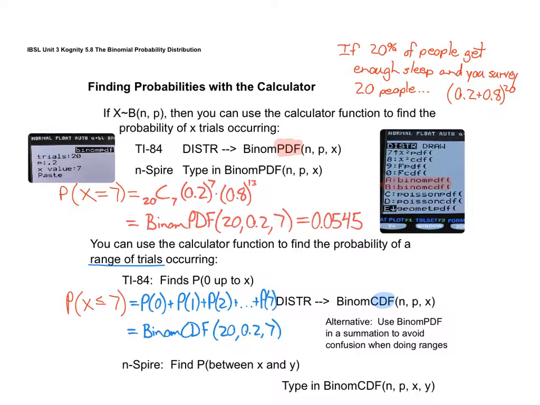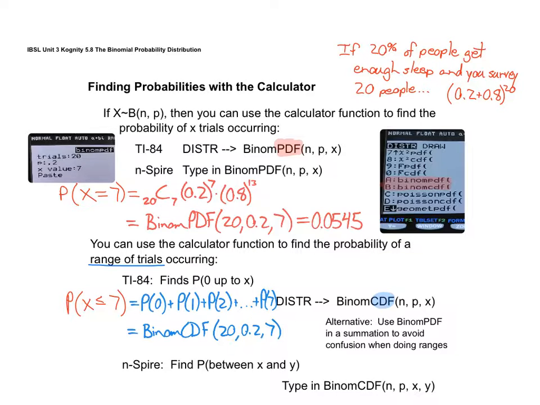But now it's not giving us exactly 7, it's giving us 0, 1, 2, 3, 4, 5, 6, and 7. All added up. Okay? Does that make sense? That's what the binomial CDF does.